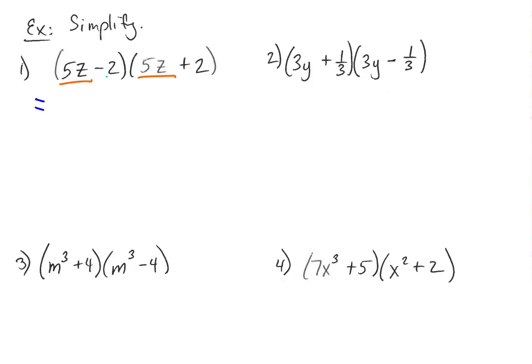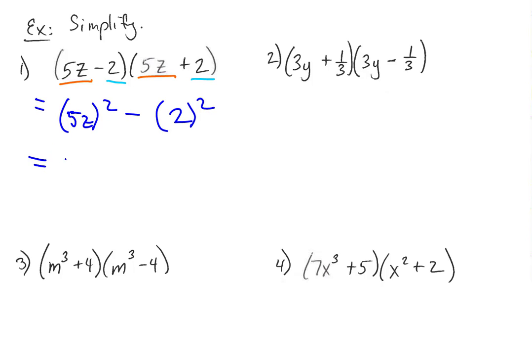And the second term differs in sign, so it's minus 2 and then plus 2, but the 2 is like the b. So if we put those pieces together with the formula above, we end up with a squared minus b squared, where the a is the 5z and the b is the 2.